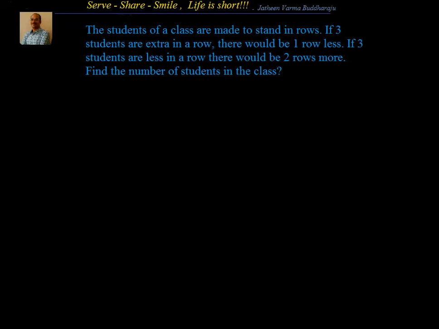What we will do to start with, we will say the students of a class are made to stand in rows. So let us say there are rows and there are students in each row.